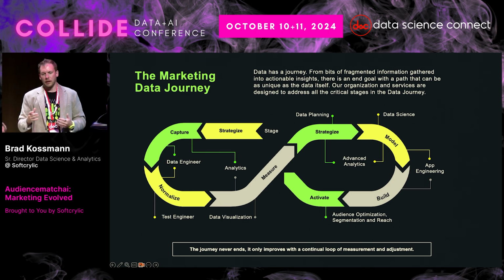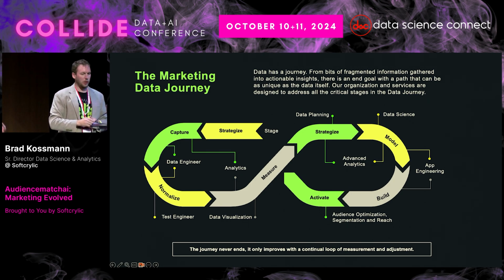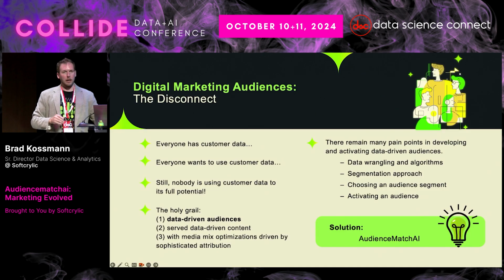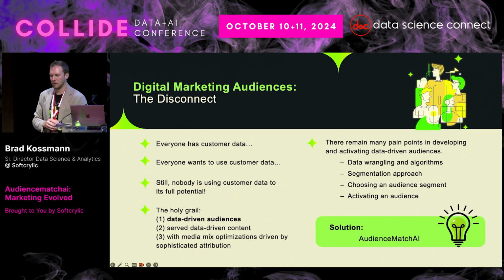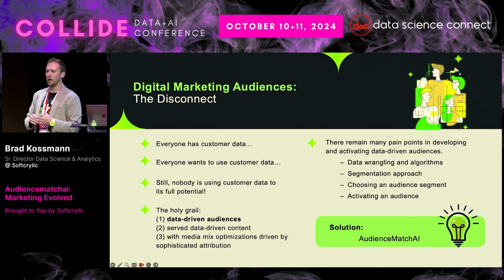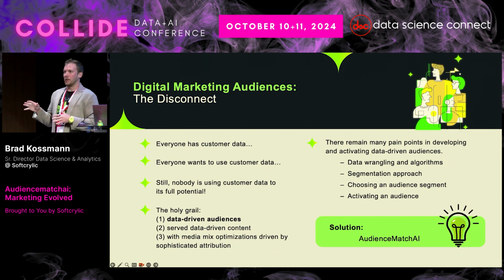I don't know if you all work much with marketers, but there are two large data science and analytics pillars to marketing. One is audience and the other is attribution. Today we're going to be talking about audience and how you can find data-driven audience segments that are well suited for marketing campaigns.